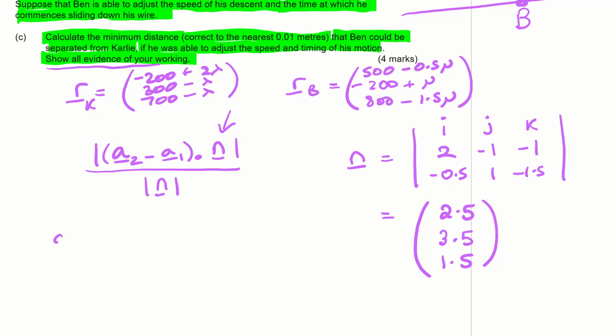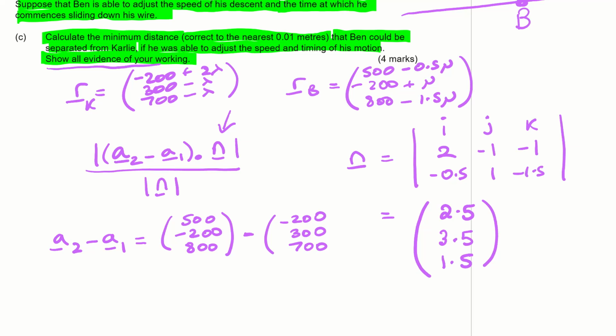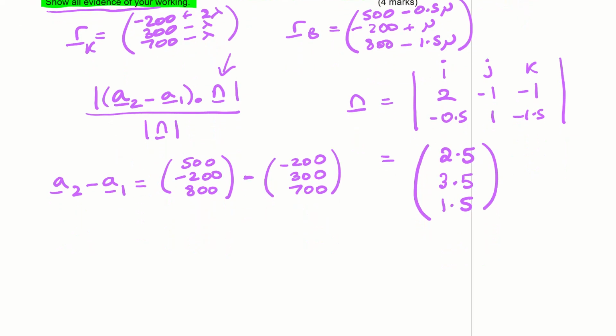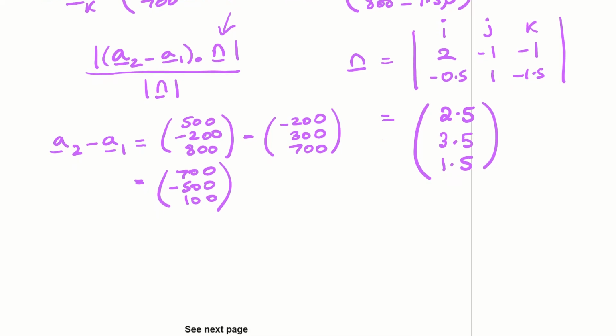And the A2 take away A1, it really doesn't matter which way round we do this. That would be 500, negative 200, 800, take away negative 200, 300, 700, and so that is 700, negative 500, 100, like so.